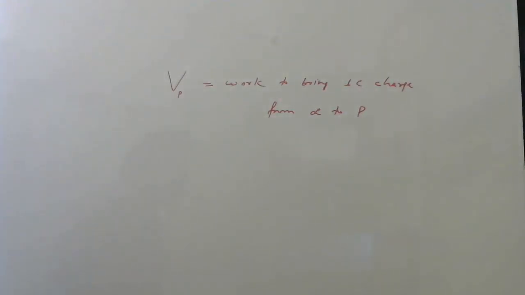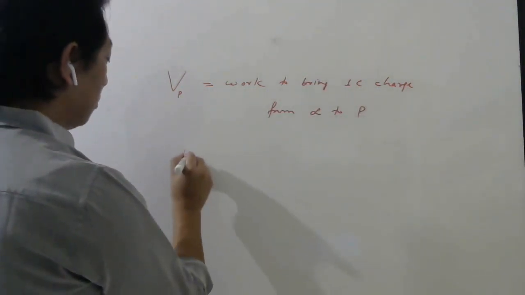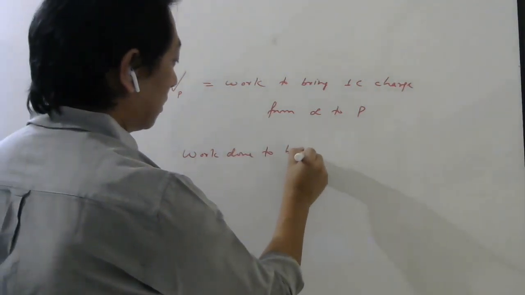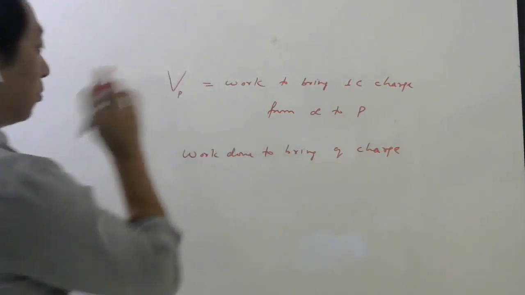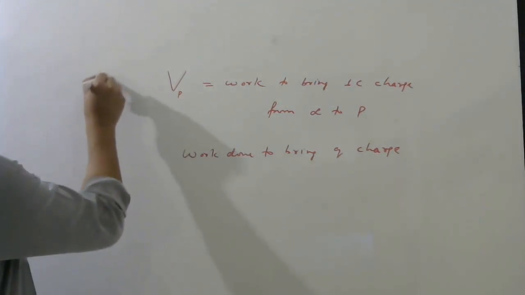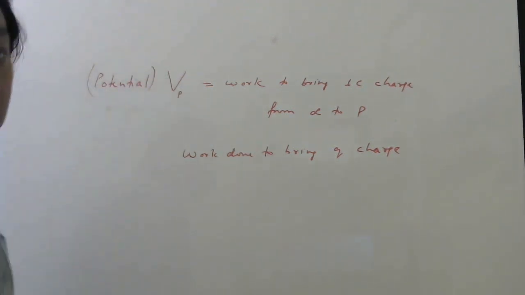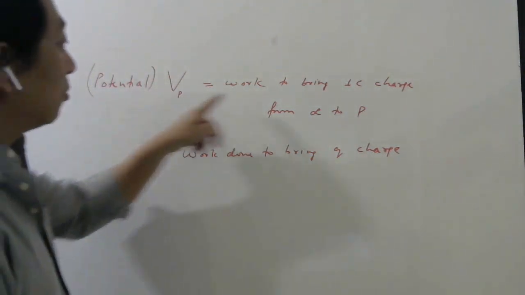If you want to bring q charge, what work do we have to do? Potential means work done to bring 1 coulomb charge. So this is electrostatic potential, or you can say electric potential also.